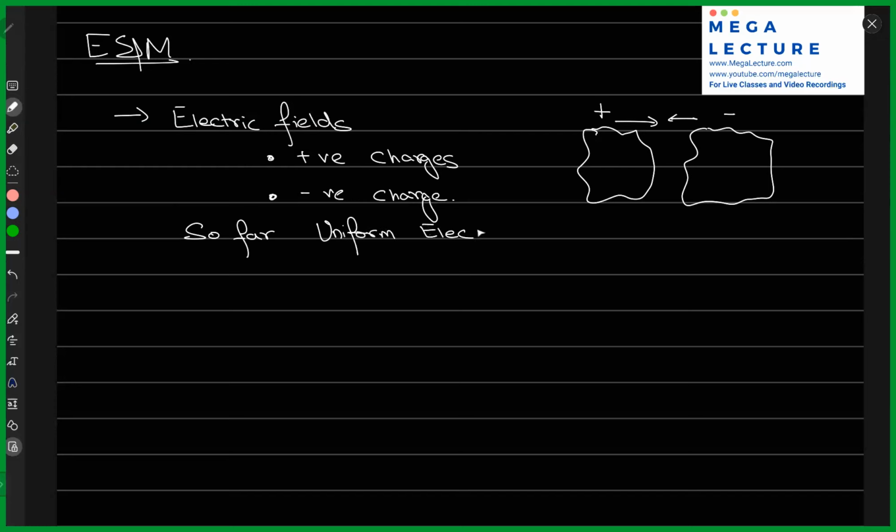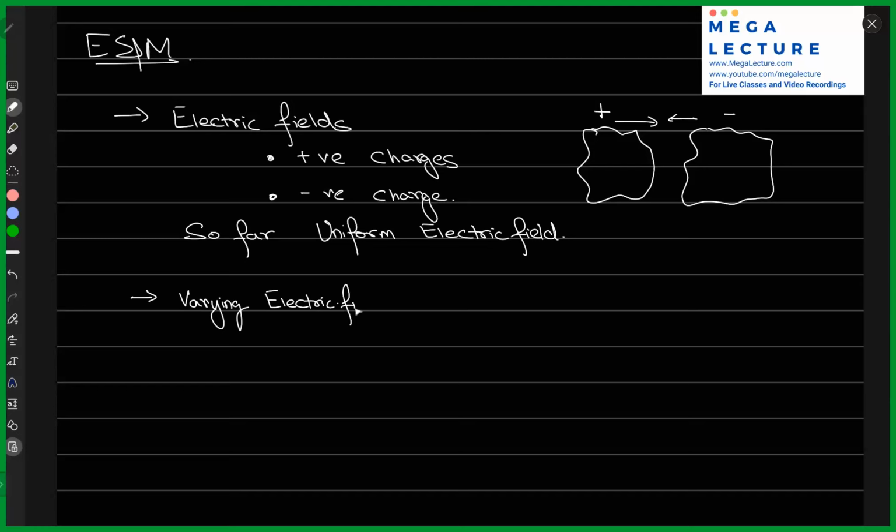You know what an electric field is, how it behaves, how charges behave when put in this electric field, and that these charges have their own electric fields. But what's new? The idea of varying electric fields, or non-uniform electric fields.